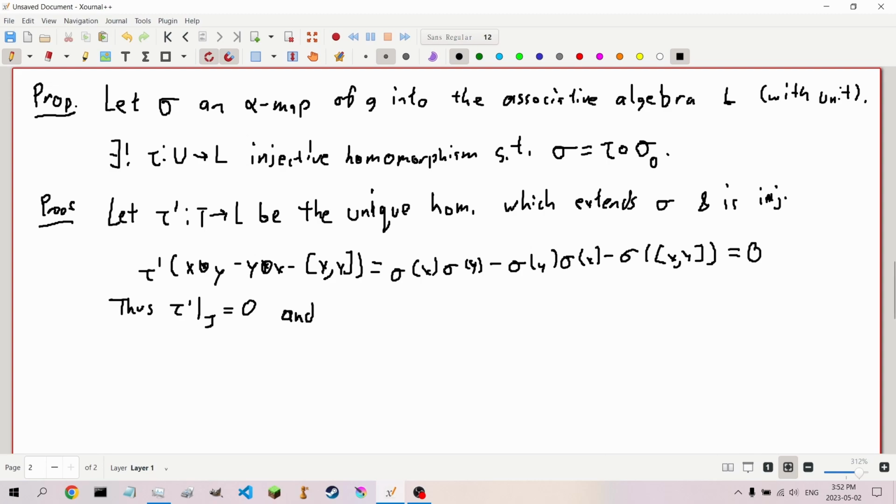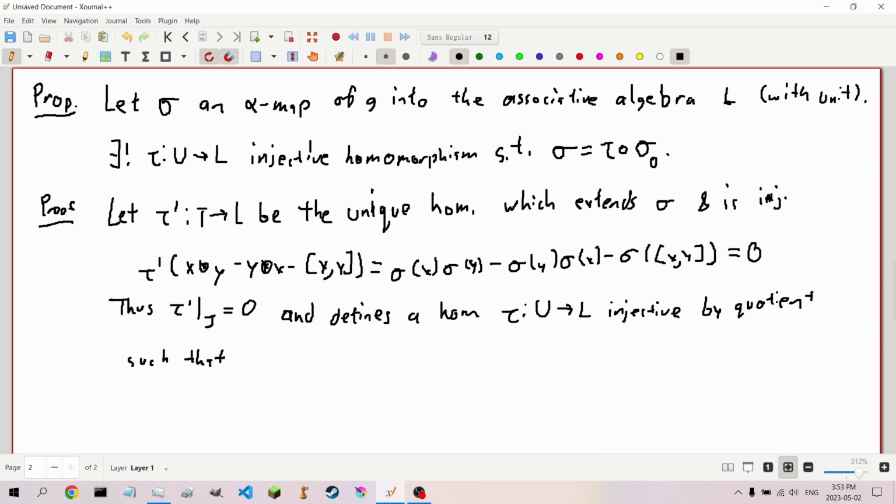And through the quotient, we can define, using this, a homomorphism tau of U into L that is going to be injective. Going to put the adjective after, because why not? This is by the quotient. And this is such that sigma is equal to tau composed with sigma 0.